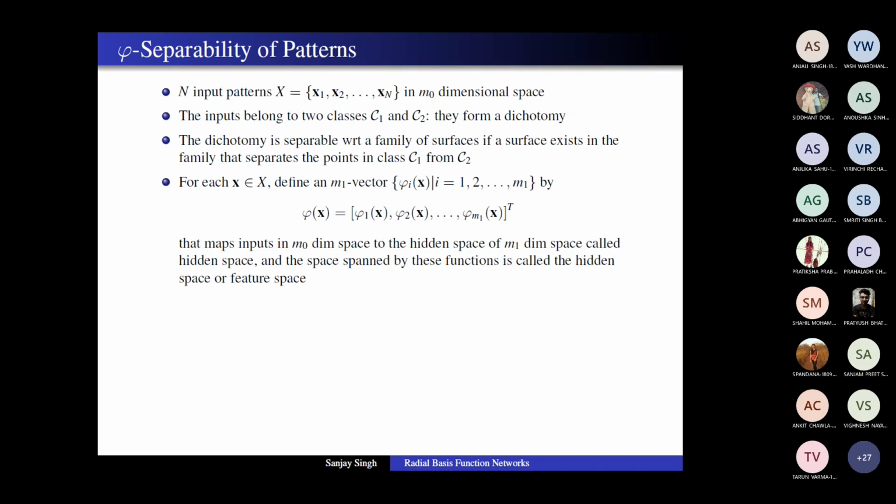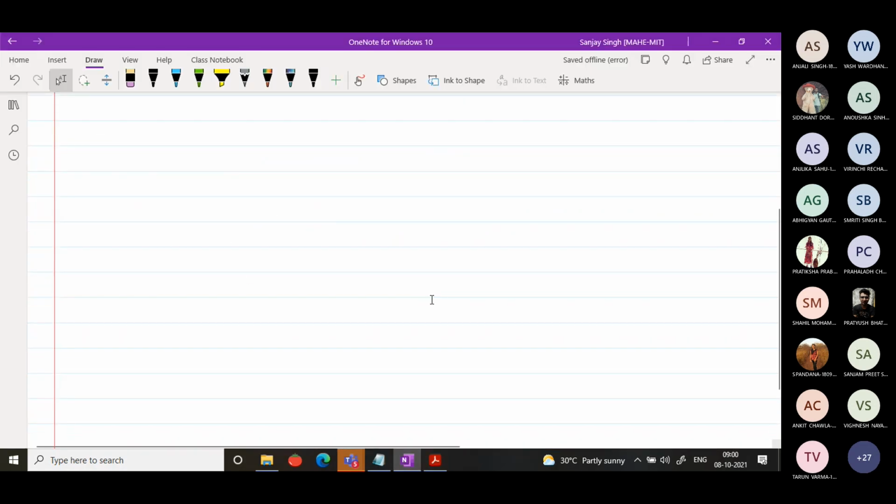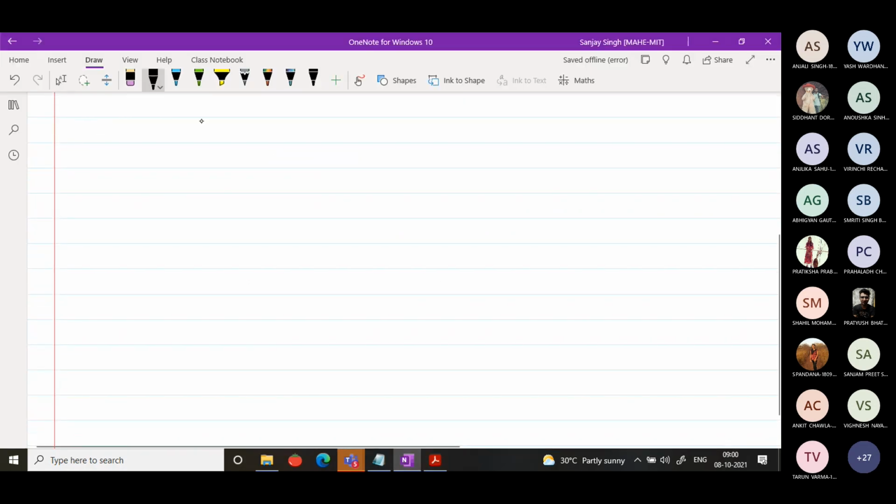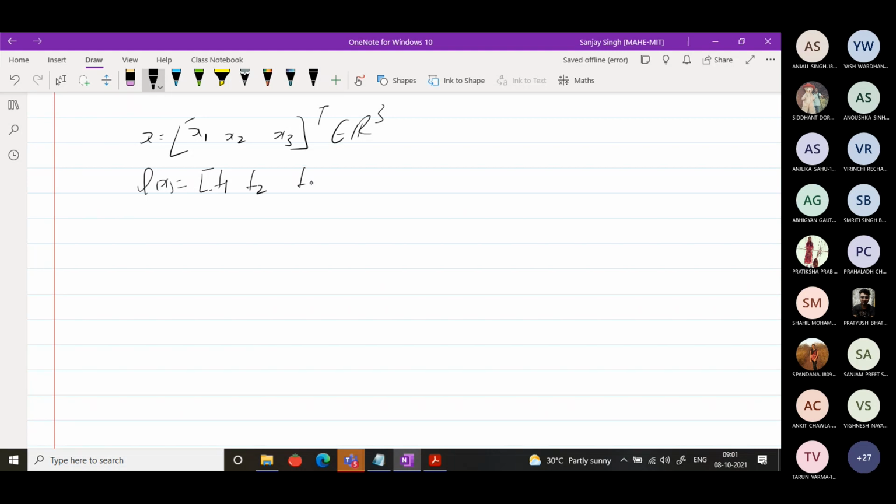Then the question is, how is it possible? What do we do over this? It's very simple. Let's say you have x1, x2, x3, so it's basically three-dimensional data. Now you define some phi of x, made up of particular functions f1, f2, f3, f4, f5.